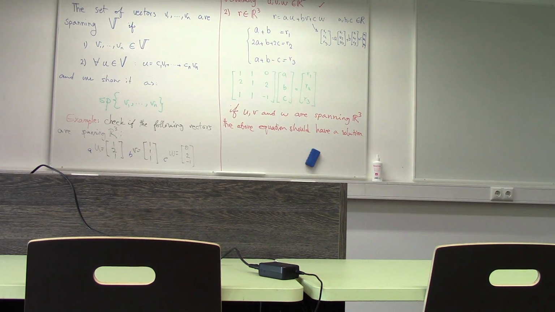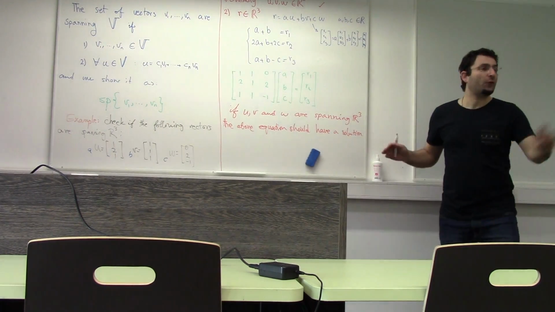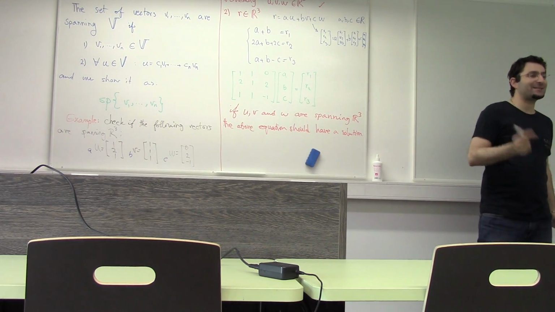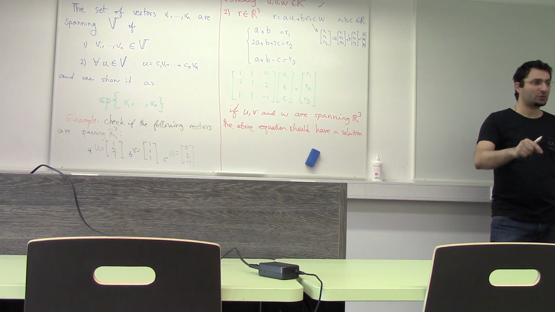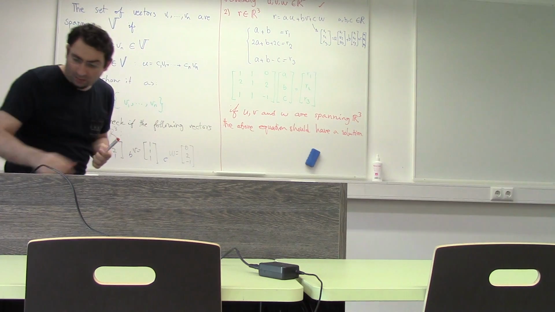Now the question is, do we have a solution? What is the condition in order to check if there is a solution? For me, finding the solution is not important. The important thing is to show that there is a solution. Whatever it is, we have to show that there is a solution. And how do we do it?